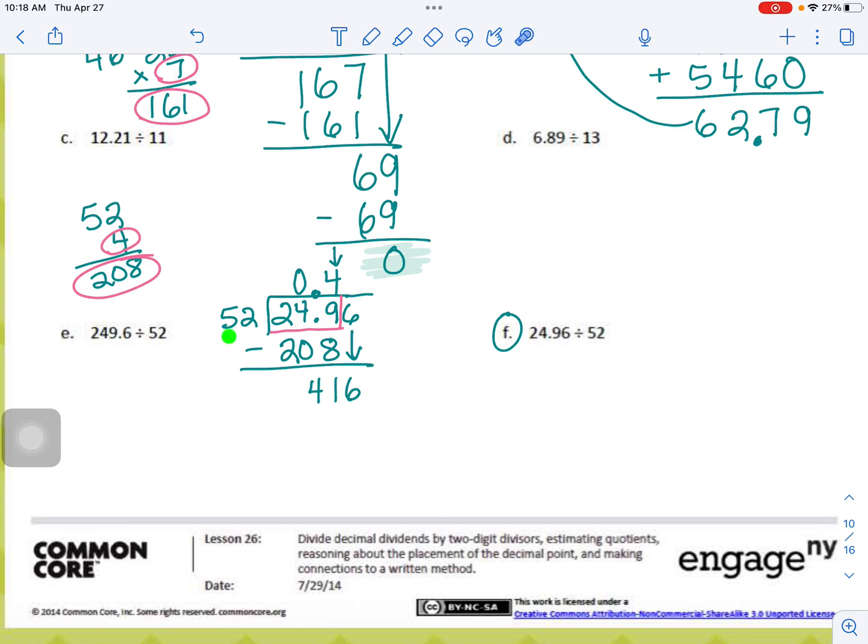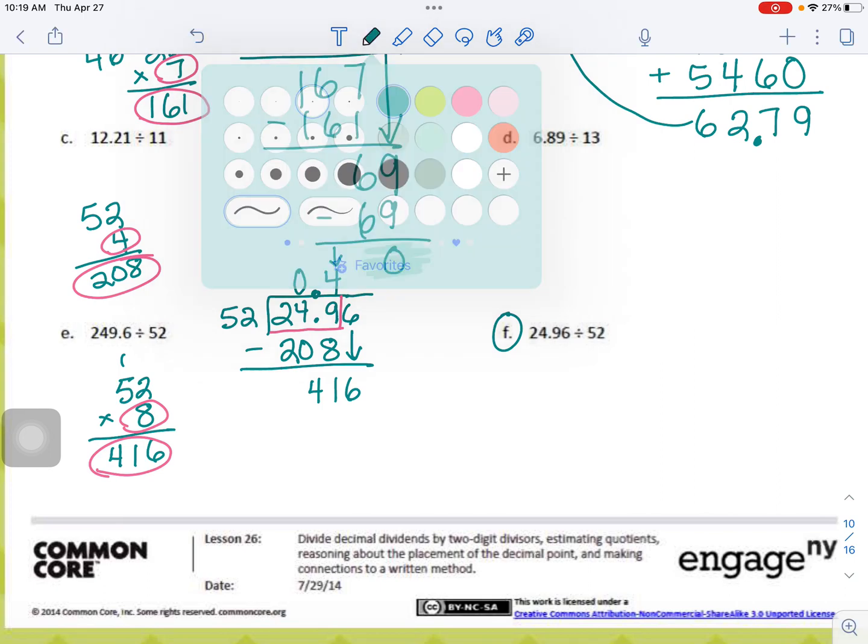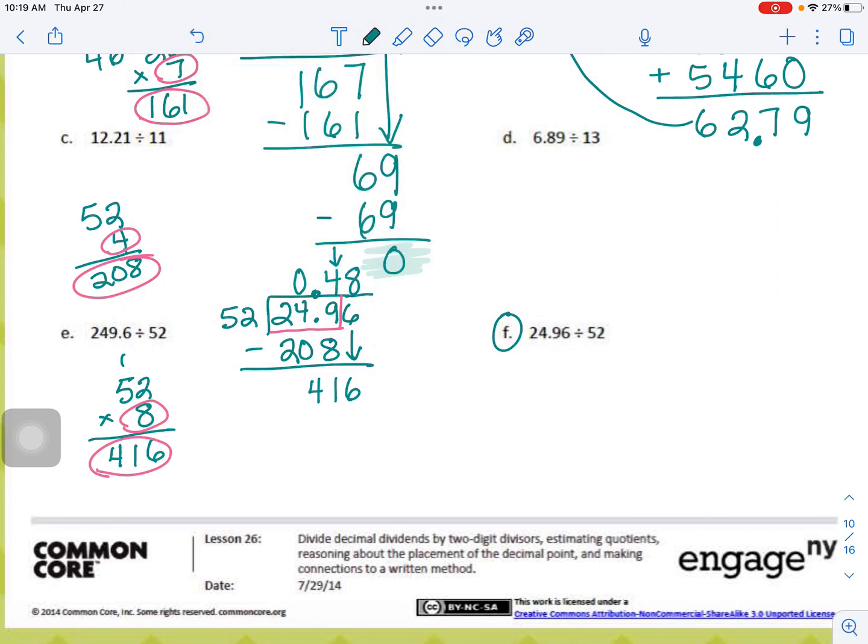All right, how many times does 5 go into 41? 5 times 8 is 40. Let's try an 8. 2 times 8 is 16. All right, it works perfectly. So I've got 2 numbers that go in my division problem, the 8, the 416.